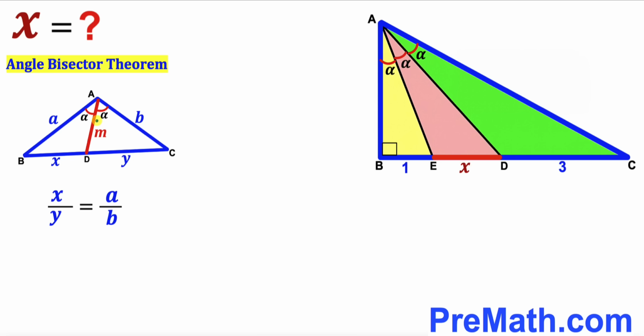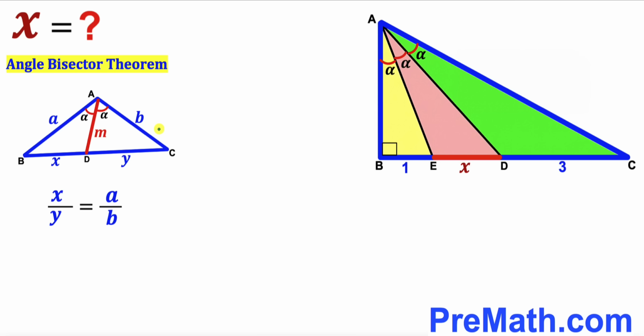In other words, this angle is alpha and this angle is alpha as well, and as a result we end up with this segment BD, which is x, and this segment CD, which is y, whereas this side is lowercase a and this side is lowercase b. Then according to the angle bisector theorem, we could write this as a proportion. As you can see, the ratio of x and y is going to be equal to the ratio of a and b, as you can see in this given equation.